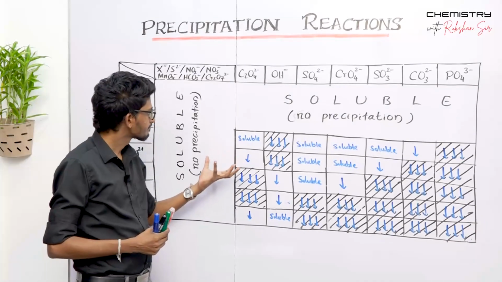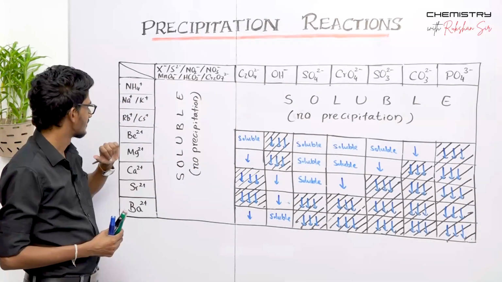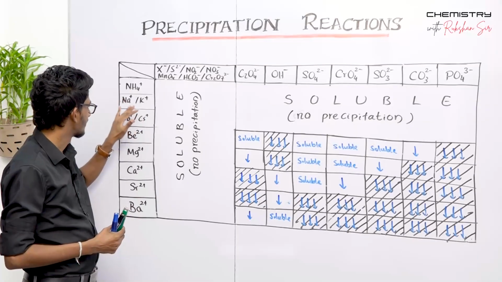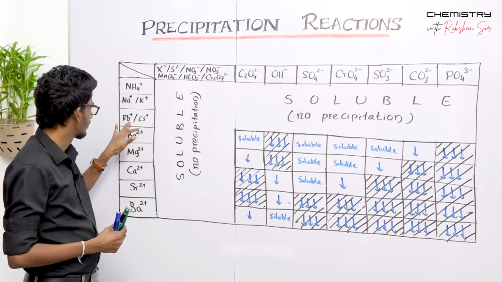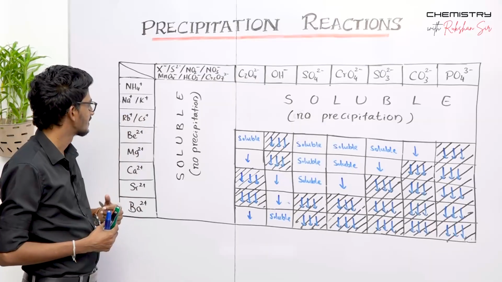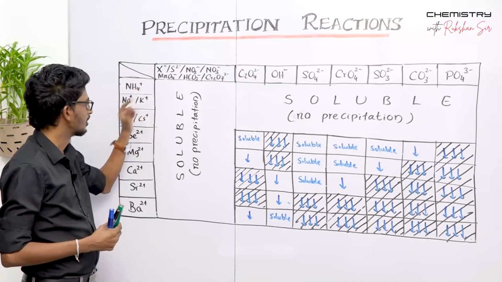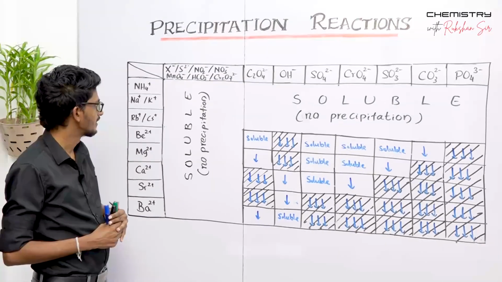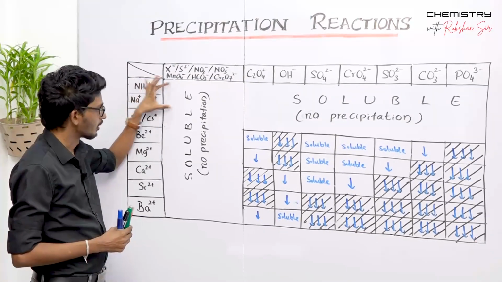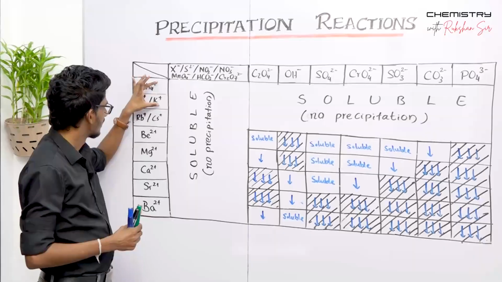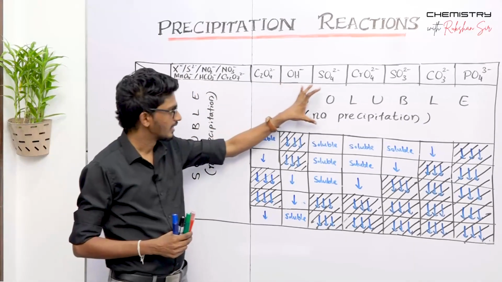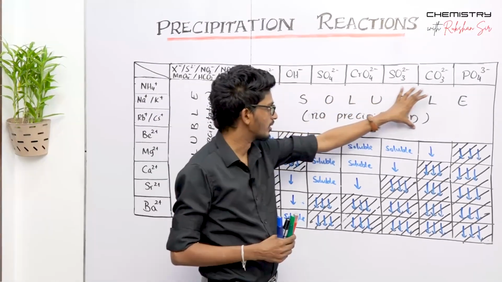If you think of these cations, the NH4 plus, sodium plus, K plus, rubidium and cesium ions, the group 1 ions and the ammonium ions, you clearly see with those rows of these ions, all the things are going to be soluble.